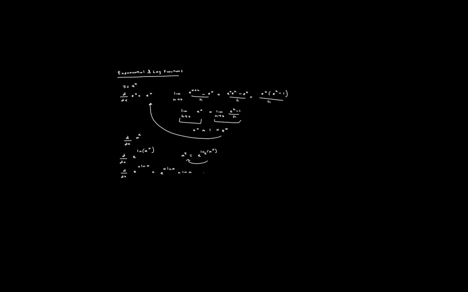And so essentially what we got is the same term back. We know that that's just the same as a to the x, so we have a to the x times ln a. So in summary, d over dx of a to the x is equal to a to the x times ln a. So that's the derivative of any exponential function of any arbitrary base.